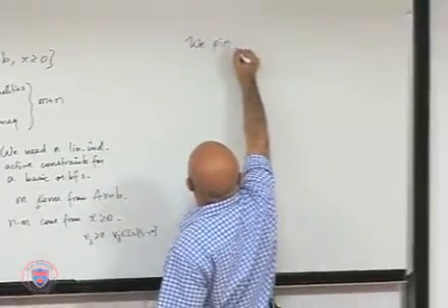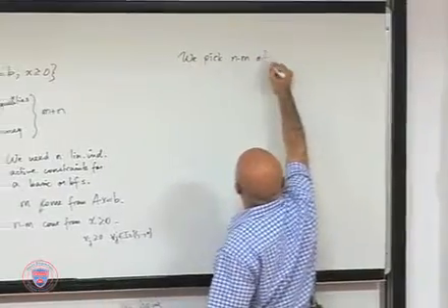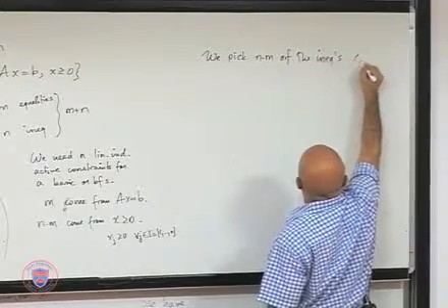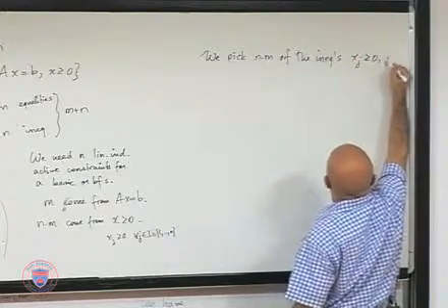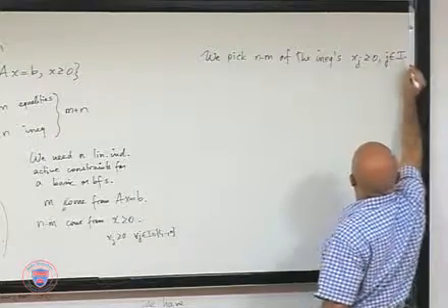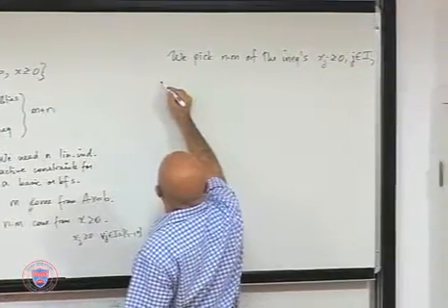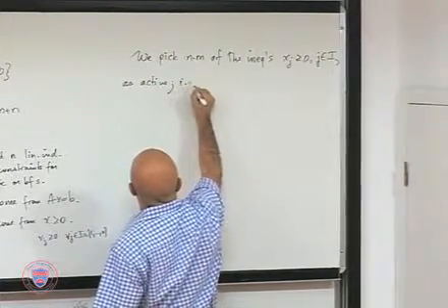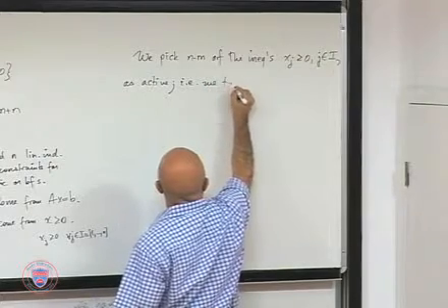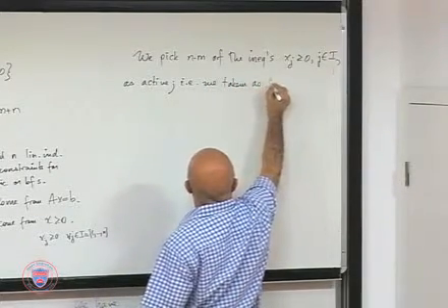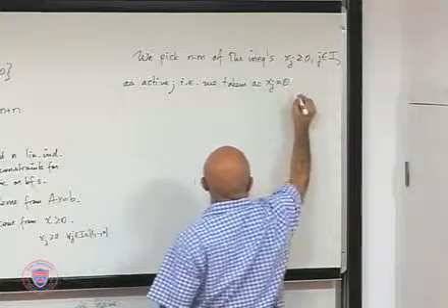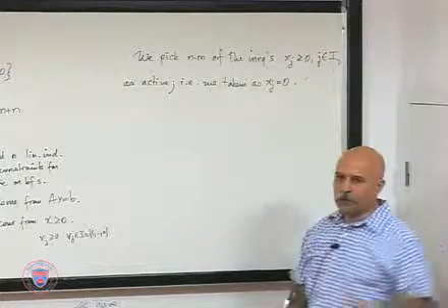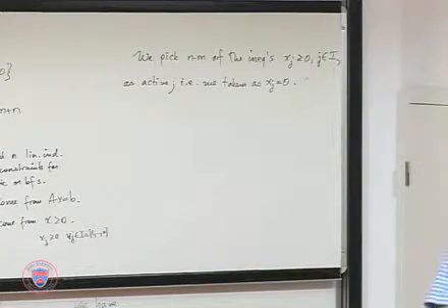All right? So we pick n minus m of the inequalities xj greater than or equal to 0 for j in I as active, which means that we take them as xj being equal to 0, for those n minus m of them.